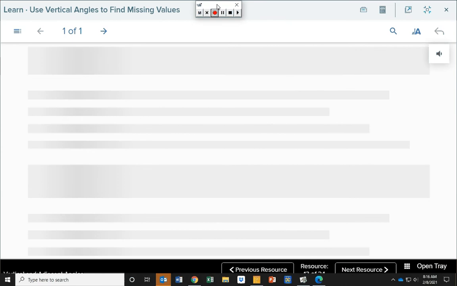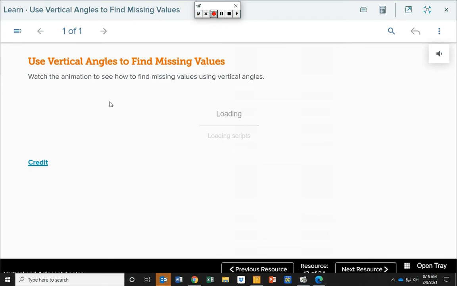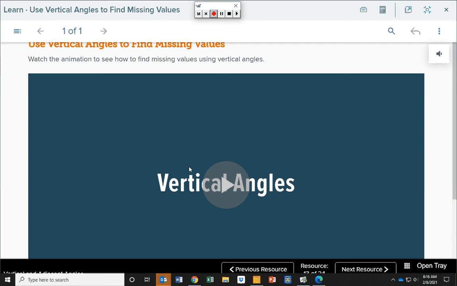Now, when we're finding missing values, it's easy to use vertical angles because they have the same value. So if, for example, we can watch this real quick.